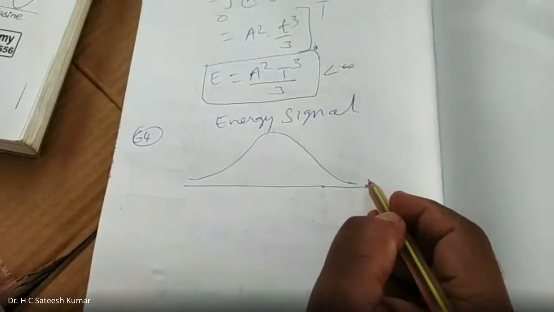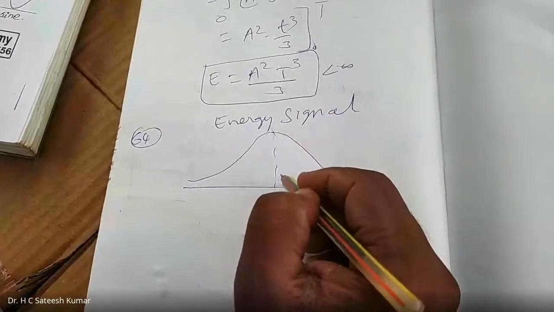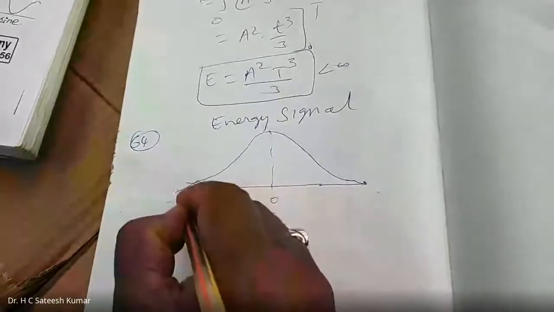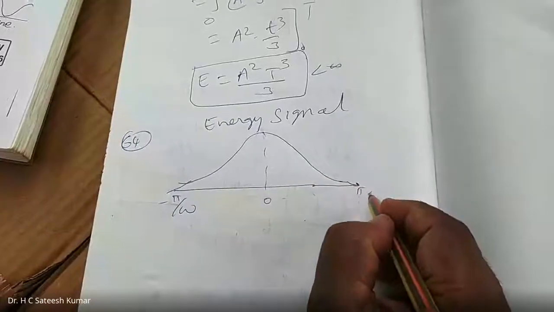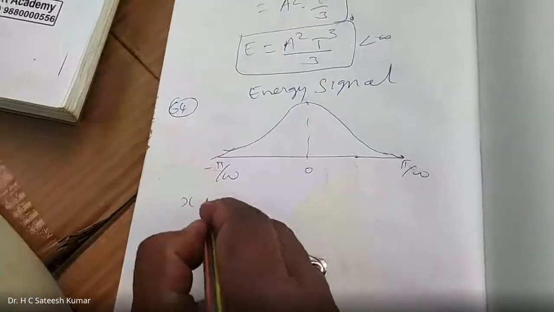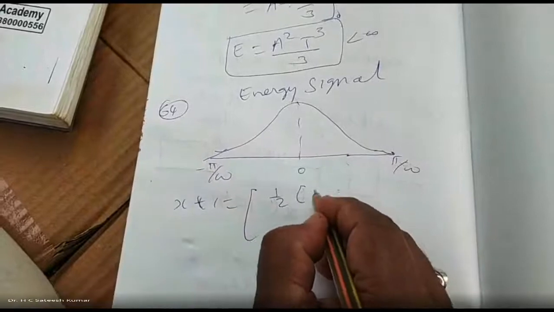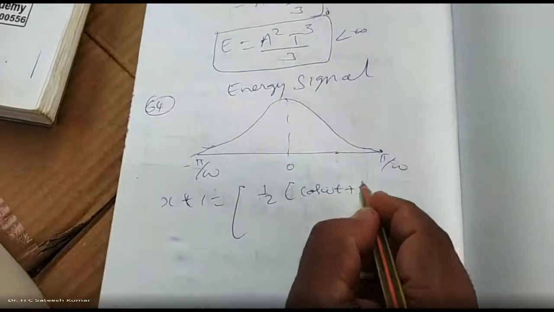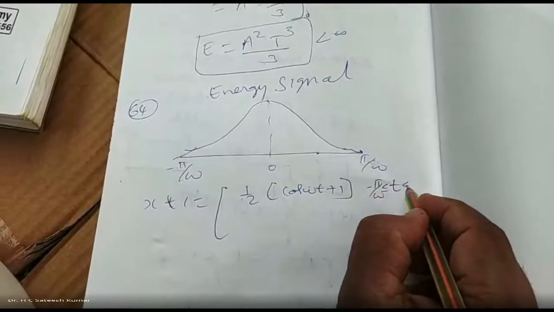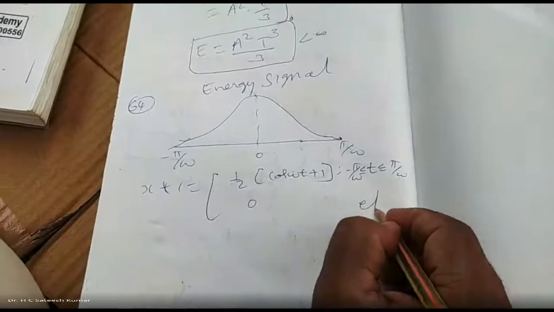The raised cosine pulse x of t is as shown in the figure, between minus pi by omega to plus pi by omega, and is defined by the equation x of t is equal to 1 by 2 into (cos of omega t plus 1) for t lying between minus pi by omega to plus pi by omega, and is equal to 0 elsewhere.